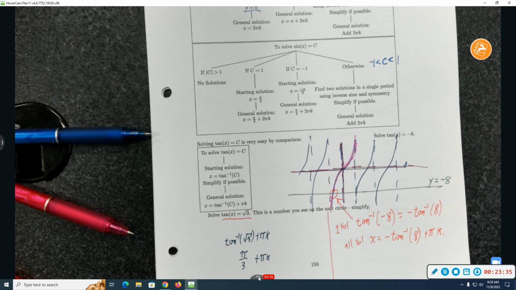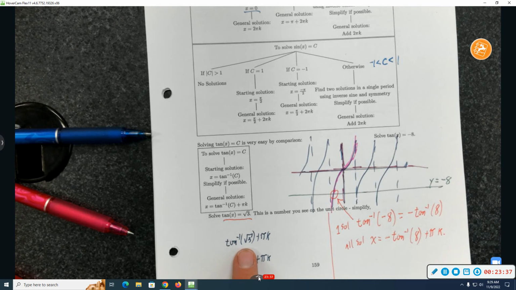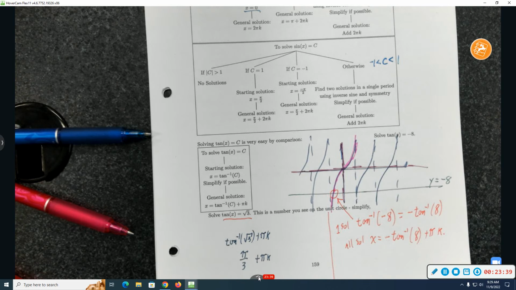So, in order to see that this is a number we know, I'm going to try to convince you that you know the inverse tangent of the square root of 3. So let's draw out the unit circles. There's pi over 4: root 2 over 2, root 2 over 2.